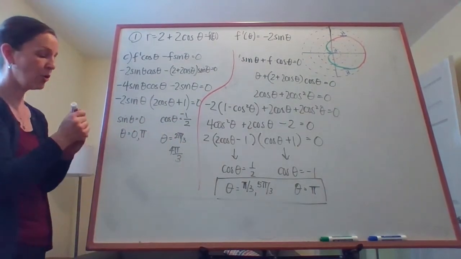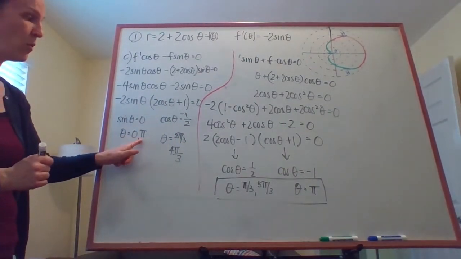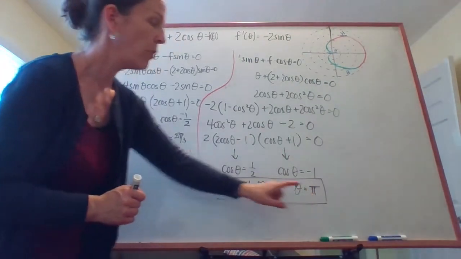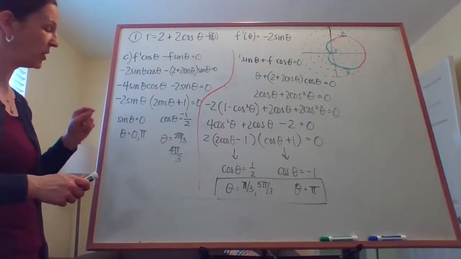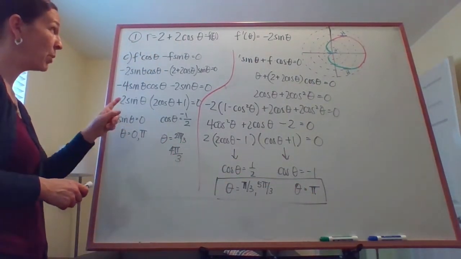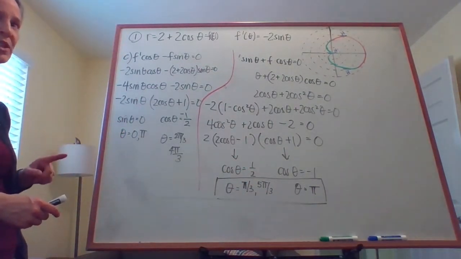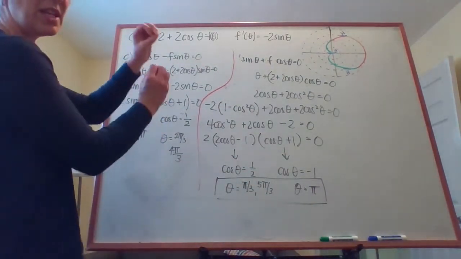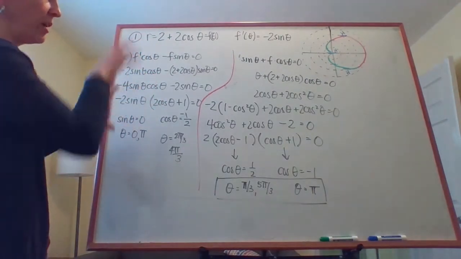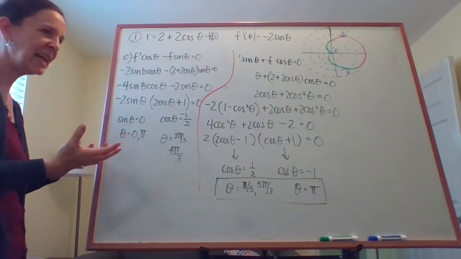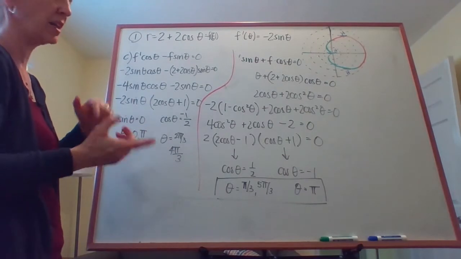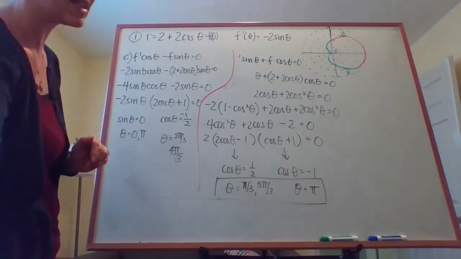Okay? Now, notice that I've seen this before, theta equal to pi. Remember, this always happens at the cusp of the cardioid, and it can't be both vertical and horizontal at the same time, so I use the graph to help me figure it out. Now, it does mean that I've got 0 over 0 there in my fraction, but the tangent line physically itself is not going to be both horizontal and vertical at the same time.